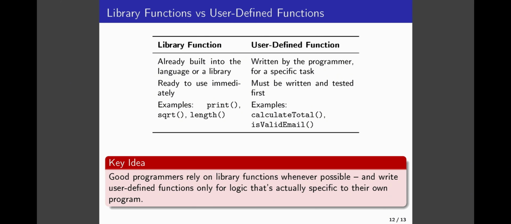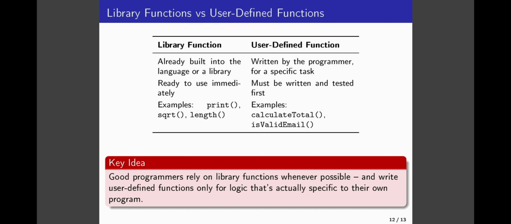Examples might include something like calculate total or is valid email, logic that's specific to your own program. Good programmers rely on library functions whenever possible and write user-defined functions only for logic that is actually specific to their own program. There is no need to reinvent something that already exists and works well.